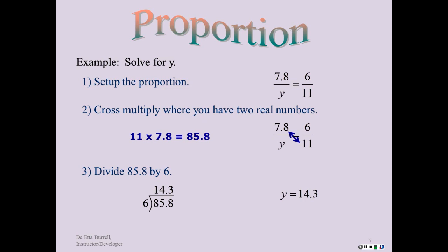Now these types of problems are in your packet, starting on page 7 and ending on page, I think, 11. Excuse me, page 7 through 11. So you can do it. You already have the setup.